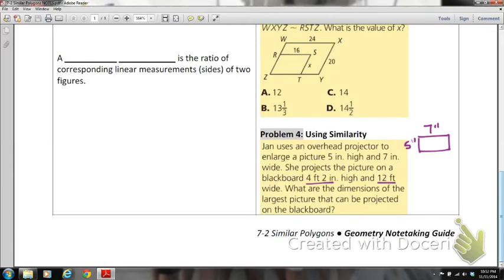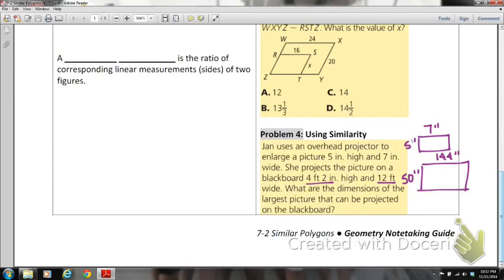Once again, we need to convert this so that we're comparing the same measurement. So 4 foot 2 inches high, 4 feet times 12 is 48 inches. So 48 plus 2 is 50. 50 inches is the 4 foot 2 inch side. And then 12 feet wide, 12 times 12 is 144 inches wide.